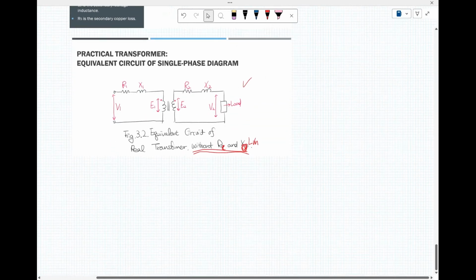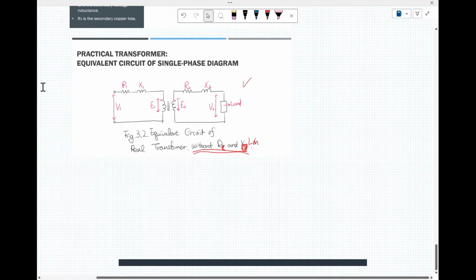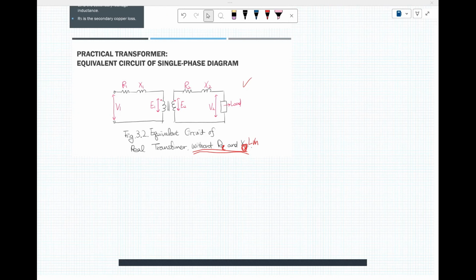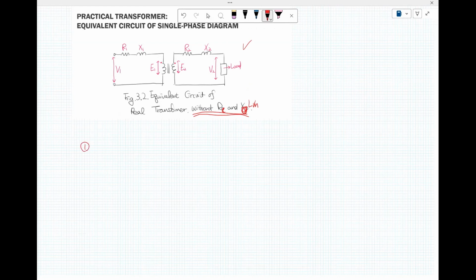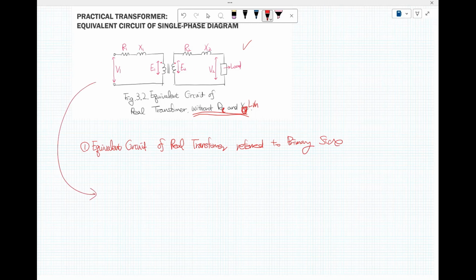From the previous one, we can make the equivalent circuit of the real transformer referred to the primary side. So we can redraw it.